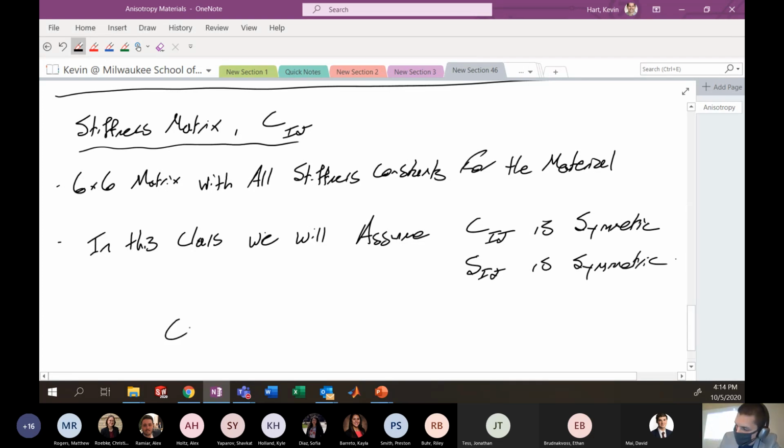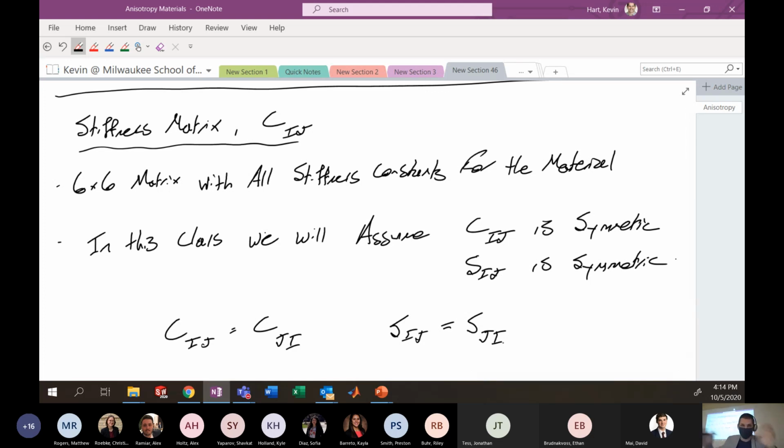So what do I mean by that? That means that the stiffness matrix Cij is equal to Cji, and Sij is equal to Sji. It's very similar to how the stresses and strains have their 3 by 3 matrices, and we just say that by conservation of momentum, the matrices are symmetric.